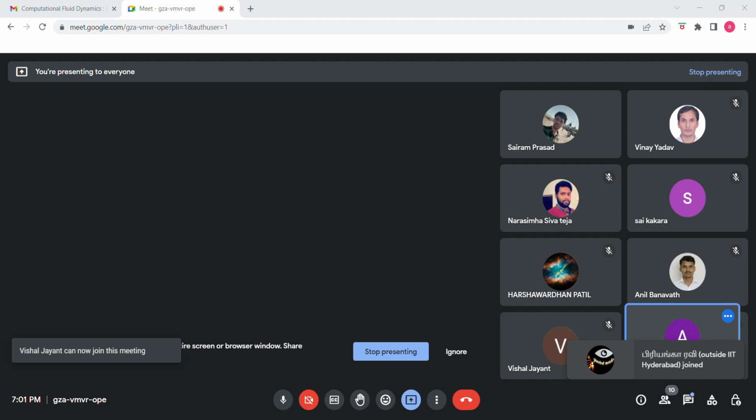Here we have given delta x, and consider this as one small problem. Here we have divided it into four equal cells.